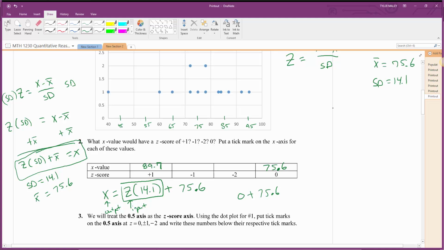Right? So if I take -1 times my standard deviation of 14.1 and add 75.6, this will give me 61.5.